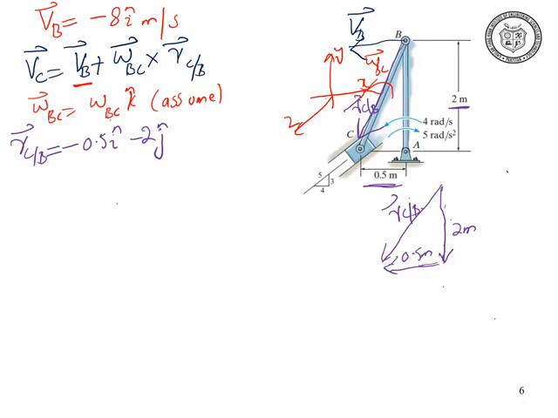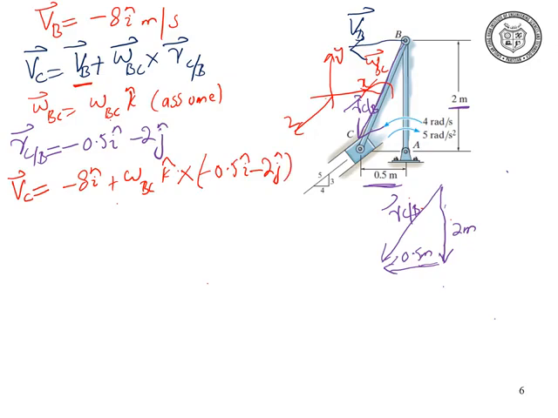Now in the above equation we know all the things. So you can write the velocity equation as Vc equal to minus 8 i, which is the Vb value, plus omega Bc times k vector, cross multiplied with minus 0.5 i and minus 2 j.